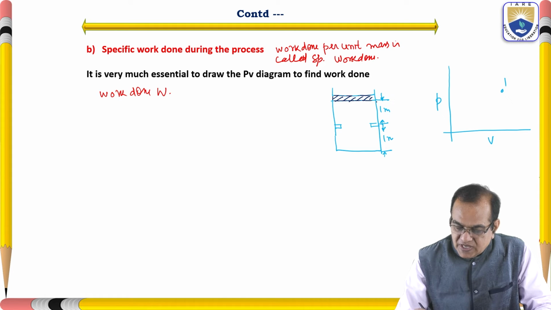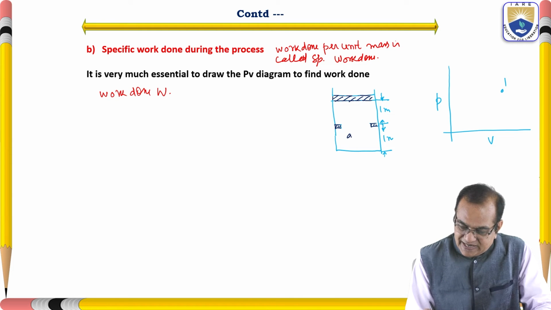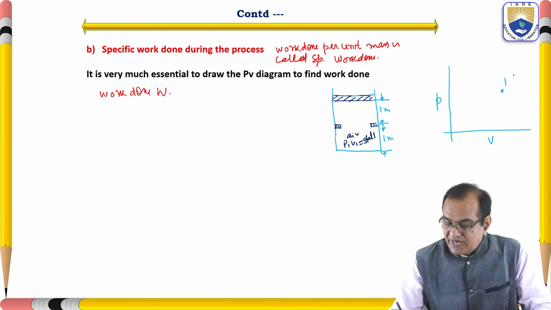So we have seen here that this is the air, and here P1, V1, state 1 is given, that is 150 into V1.